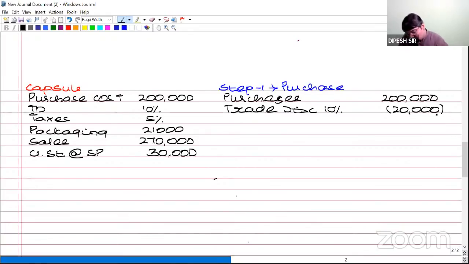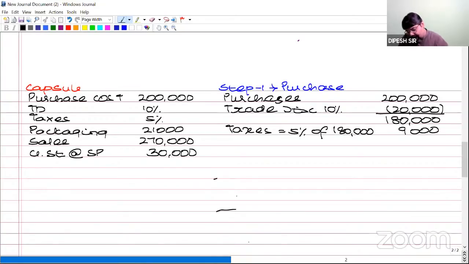So you get 1,80,000. Then add taxes, that is 5% of 1,80,000. That is 9,000. So 1,89,000. Correct?